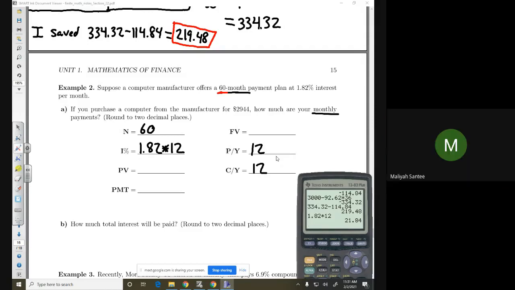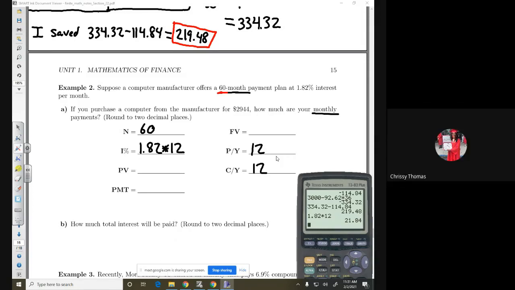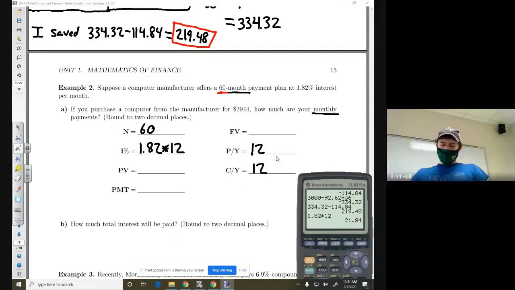And your PV equals negative 2,944 in this situation. Yes, the present value is actually the 2,944, because that's how much debt you're in at the moment. You buy the computer, and now you've got to pay off this money.